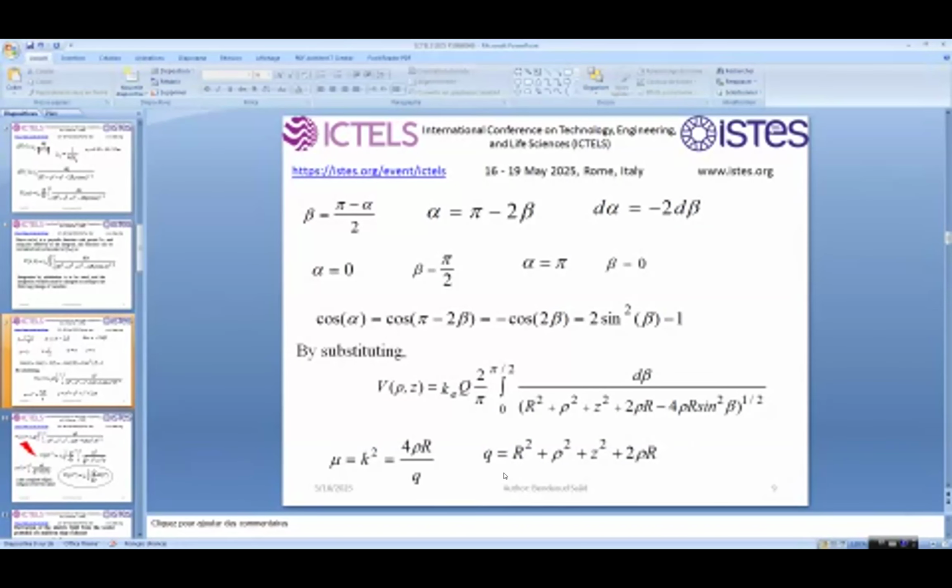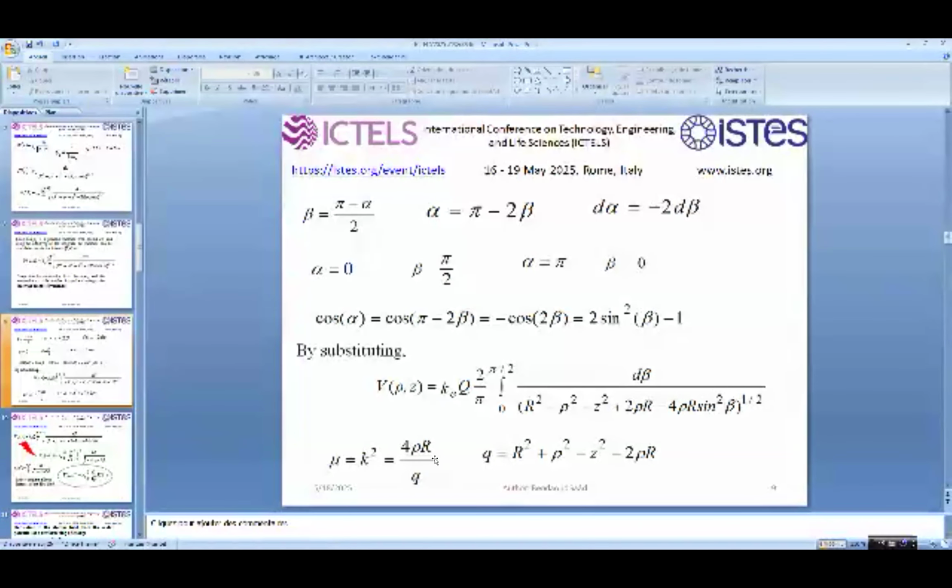We can put mu equal to a square, which equals this quantity. We can put rho, r here and q in the denominator, and we put this quantity out, which is equal to q.